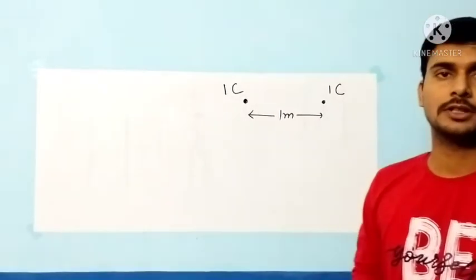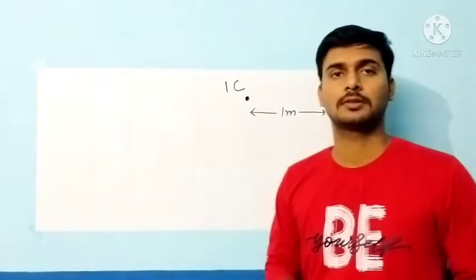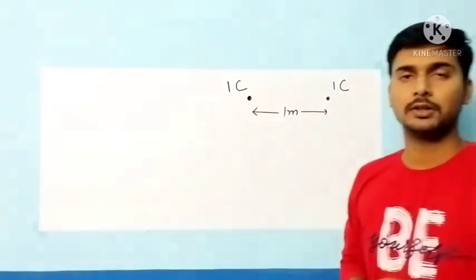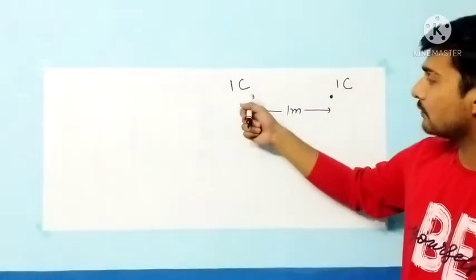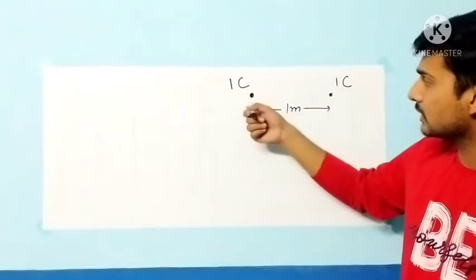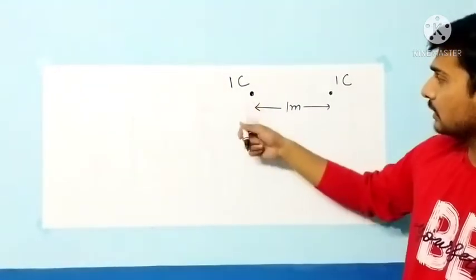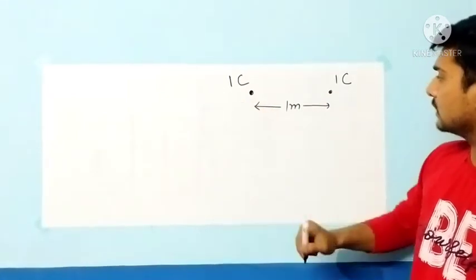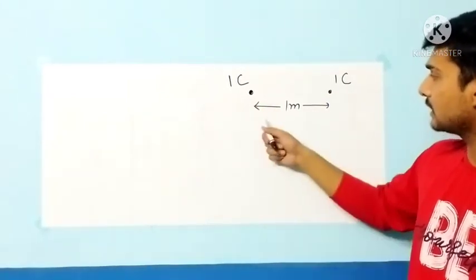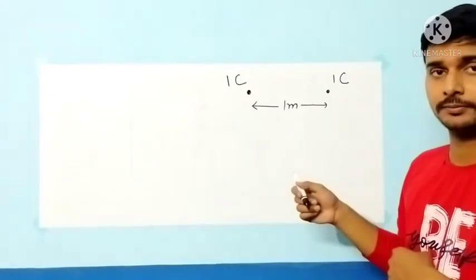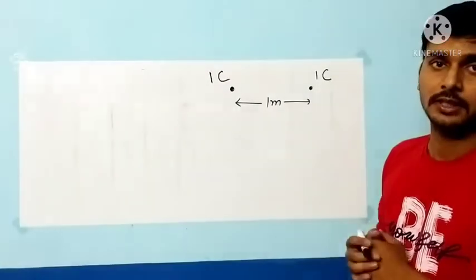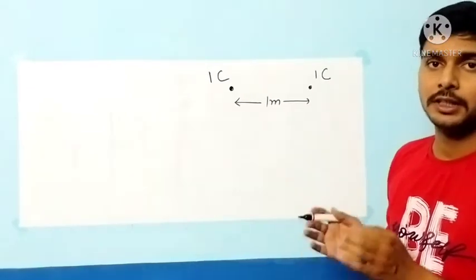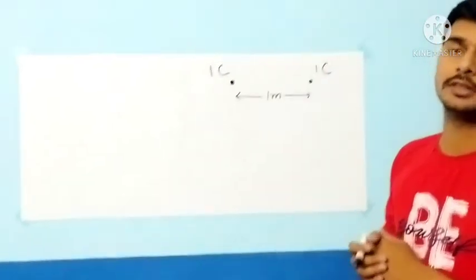On the basis of the previous example, we can define 1 coulomb of charge as follows: 1 coulomb is that charge which, when two such charges of 1 coulomb are kept at a distance of 1 meter in free space, produces a force of 9 into 10 to the power 9 Newton.